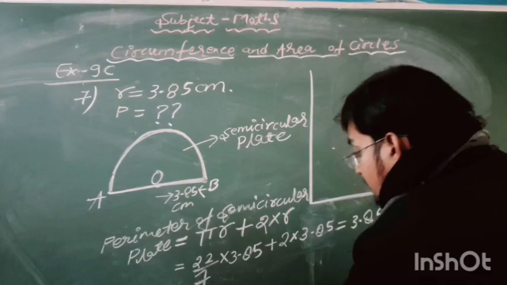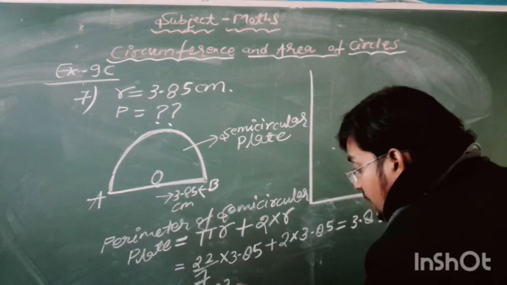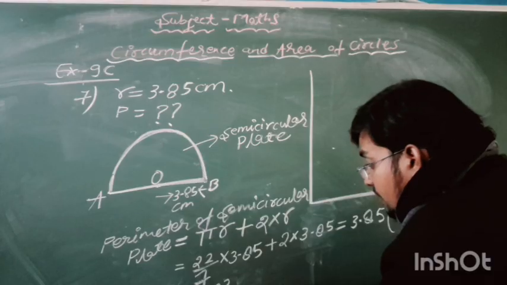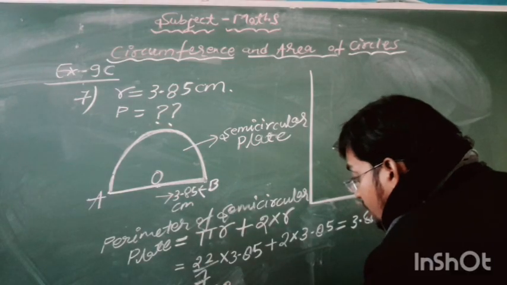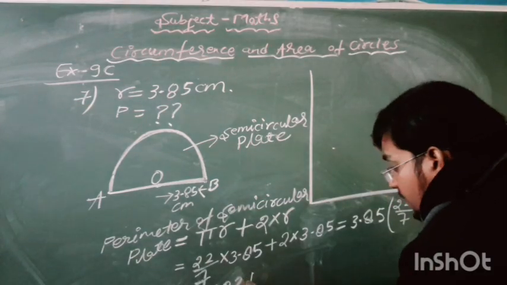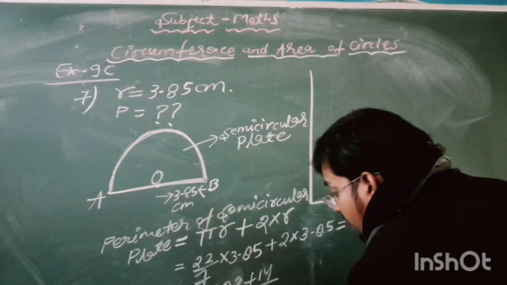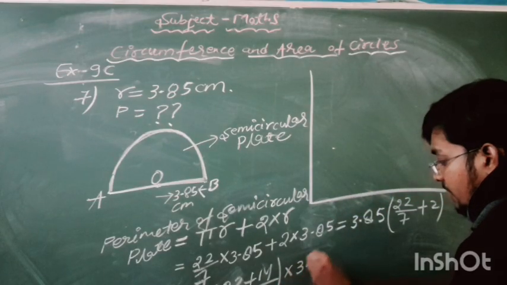Then we get in round bracket 22 upon 7 plus 2, and 22 upon 7 plus 14 upon 7 into 3.85.